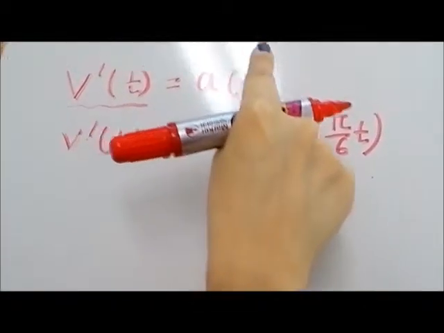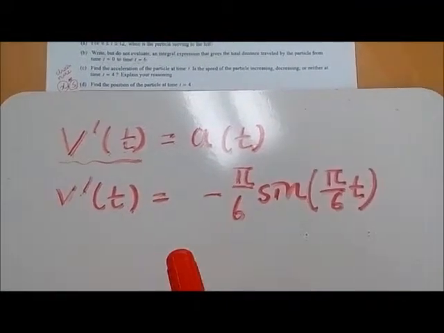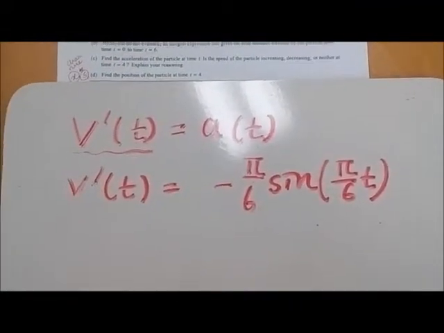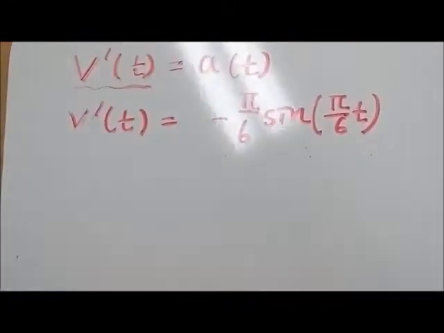Now, if we want to find out whether the speed of the particle is increasing or decreasing or neither, we would have to consider both of the signs of v of t and a of t.